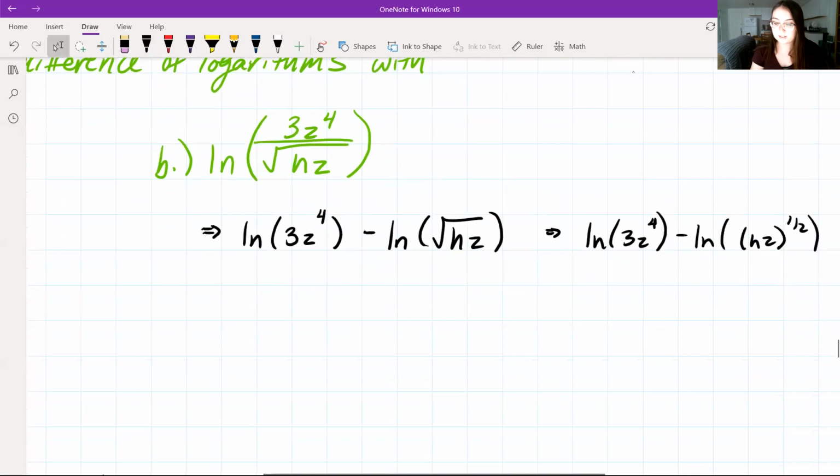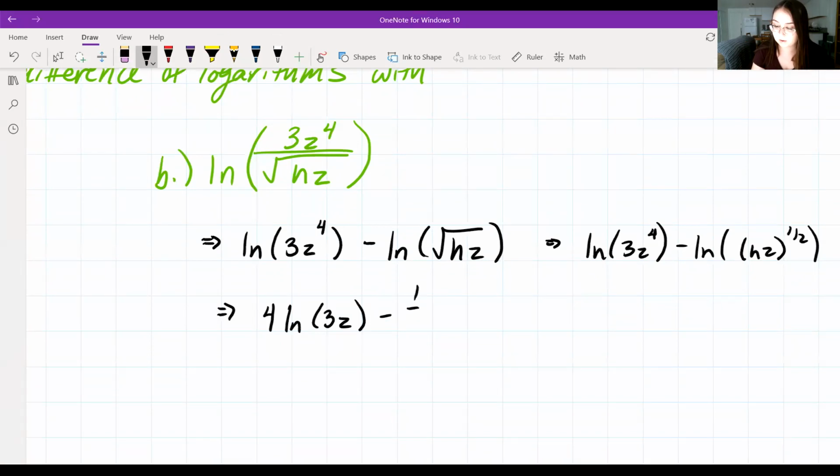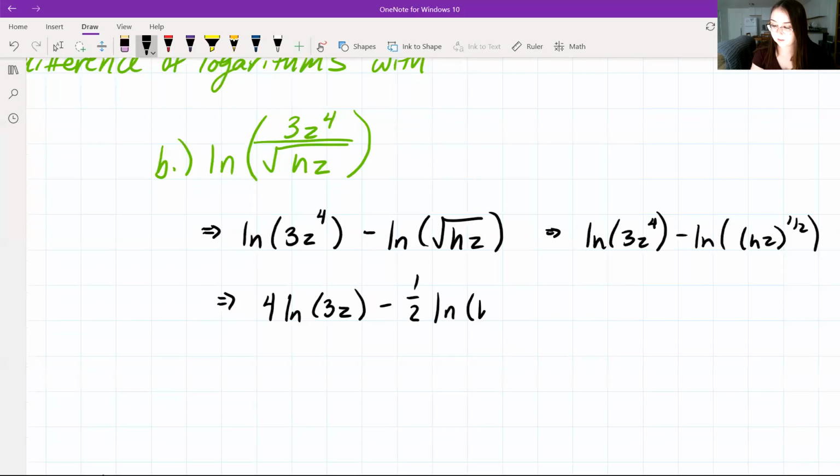So now we can replace our exponents. And we see that this is going to become 4 times the natural log of 3z minus 1/2 times the natural log of hz.